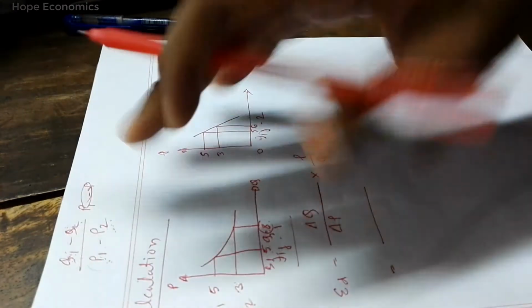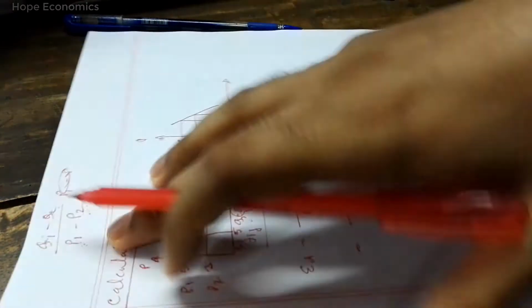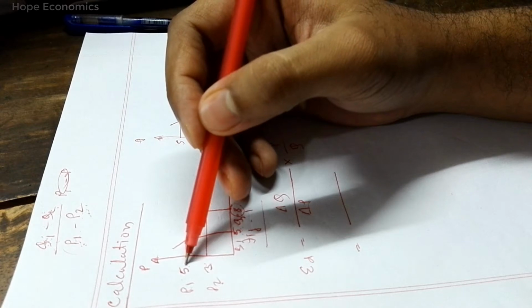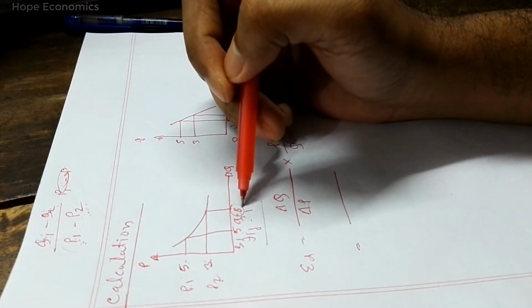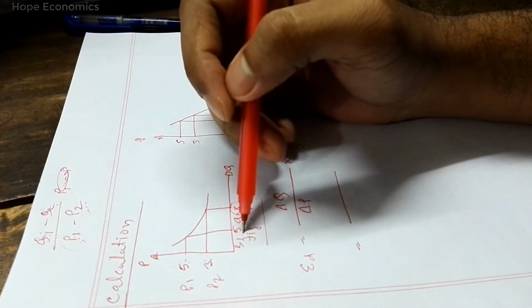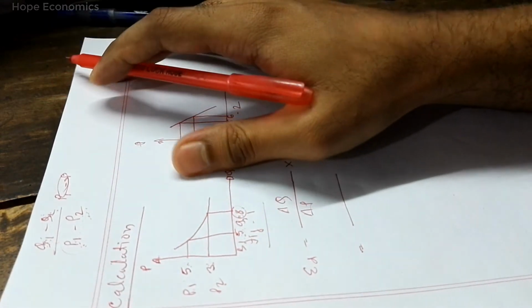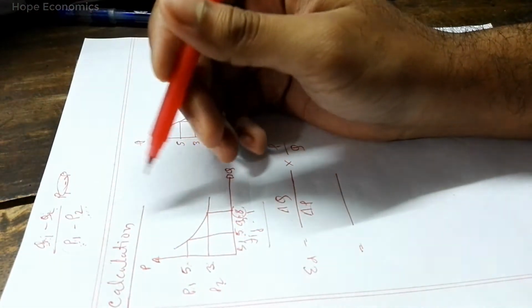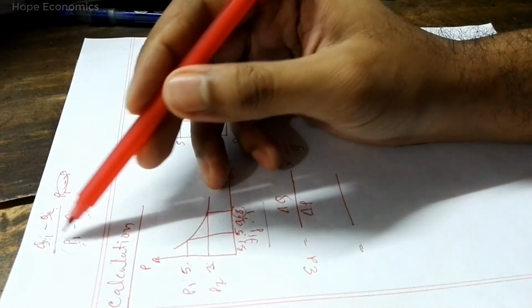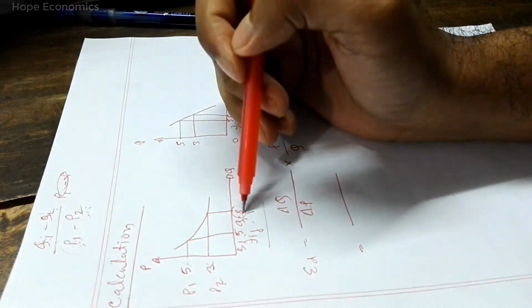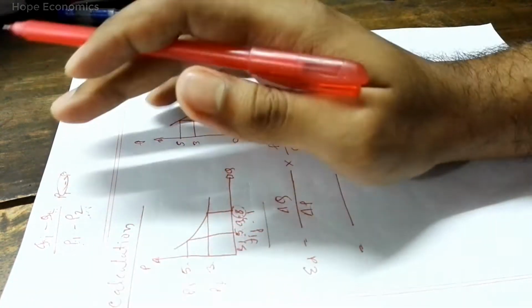Like in this graph example, P1 is larger than P2, but Q2 is larger than Q1. So if you think it's logical to say P1 minus P2 but Q2 minus Q1, it's not true.